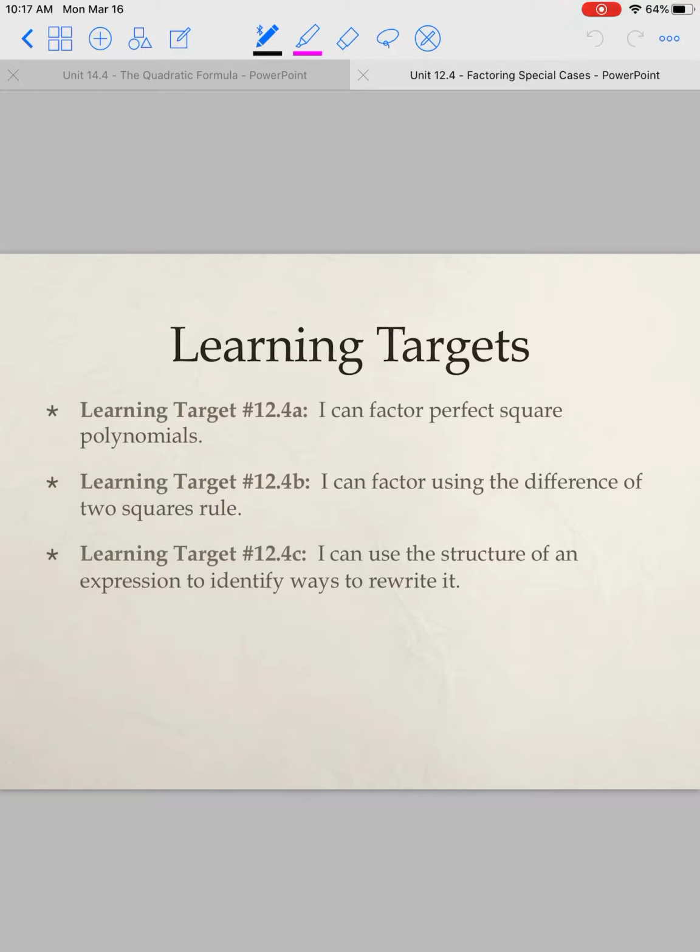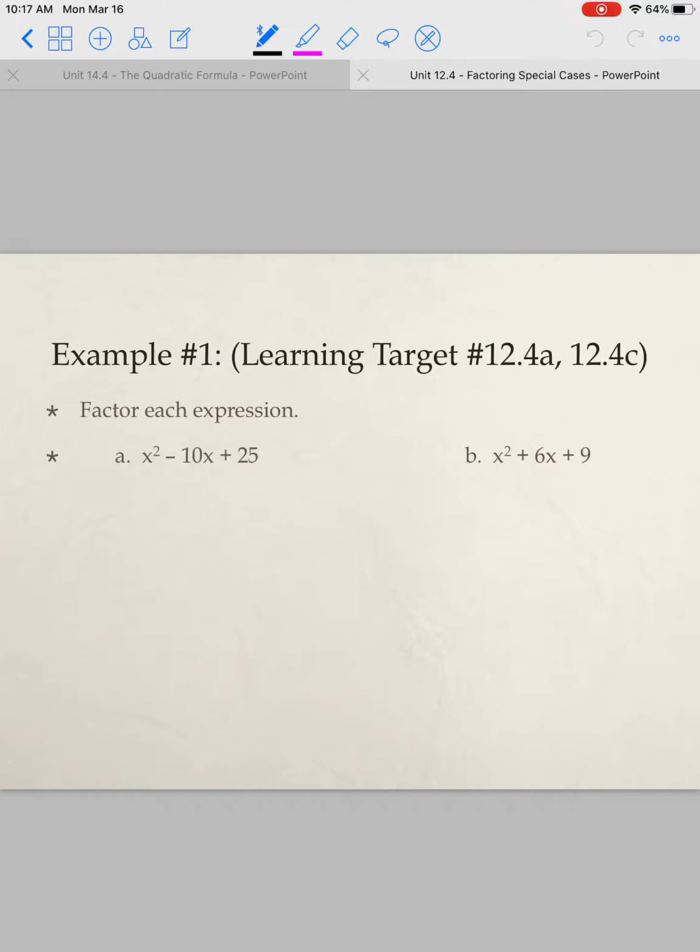All right, so we're going to move on from that. Let's review here. Let's factor some of those things we've already done. Now, we know that I have to find the factors of this last number. Factors of 25 are 1 and 25, and 5 and 5. That's it.